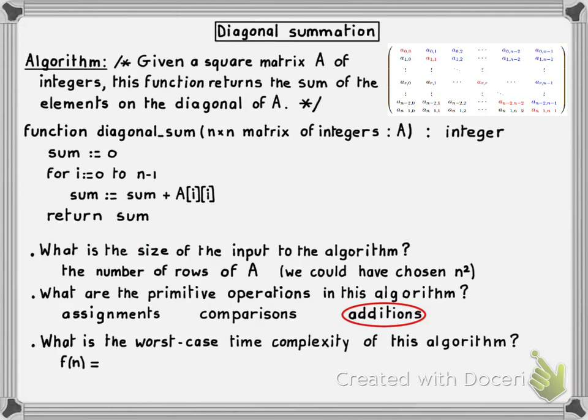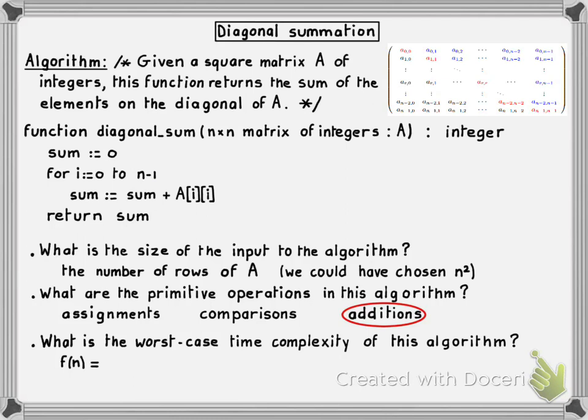Now the question is, how many additions are executed for each iteration of the loop, and then how many iterations of the loop are executed? So for each iteration of the loop, we have an addition right here in the body of the loop. And then remember, we also have an addition here at the end of the loop when we increment the i, or counter variable.